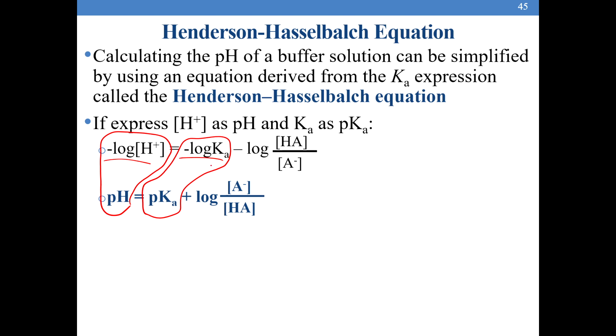But if you were given, say, the H plus concentration and these values, you could solve for the pKa of the particular acid. Because you could determine pH, you could determine this far right component, and then you could solve for pKa, because that would be your unknown following the algebra there, okay?